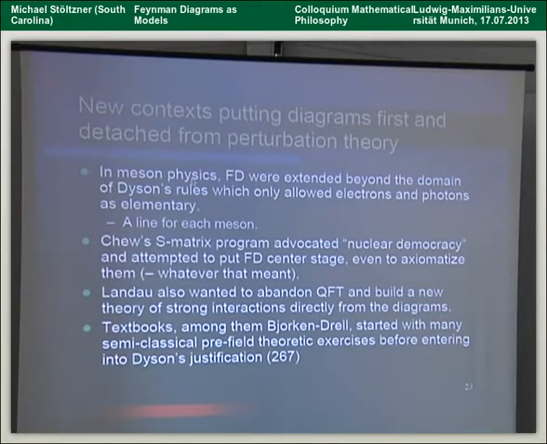And Chew's S-matrix program advocated even nuclear democracy. That means there are no more fundamental particles. And he wanted to put Feynman diagrams center stage, even to axiomatize them, whatever such a black box pragmatic theory like the S-matrix theory means under that.